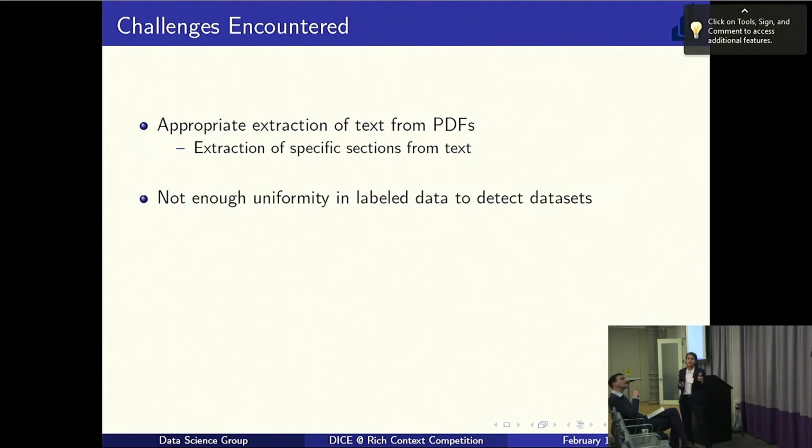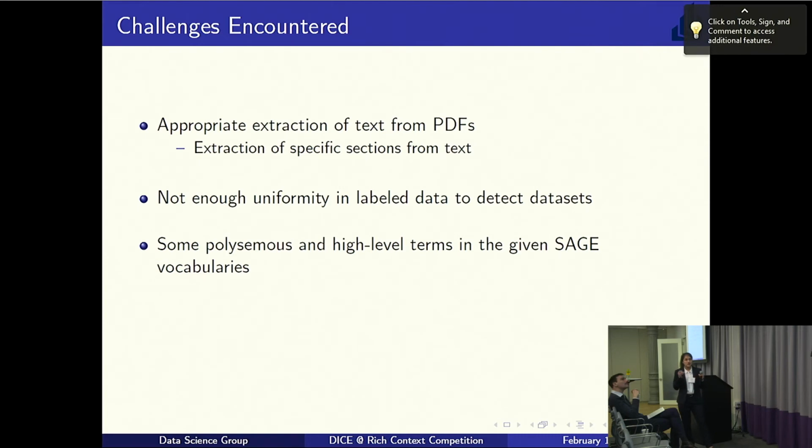Next, as I said before, for dataset detection, to train an entity extraction model, it was hard because there was not enough uniformity in the labeled data. Coming to the research fields and methods, for us, vocabularies played a very major role.